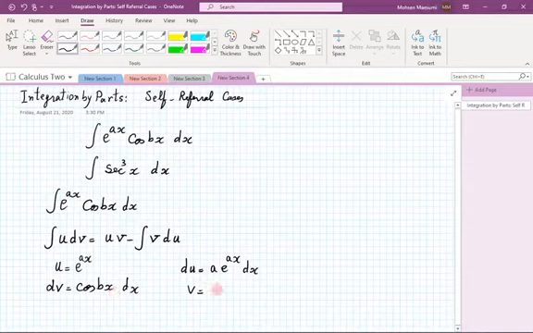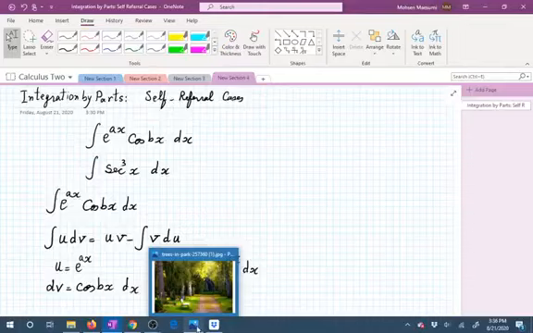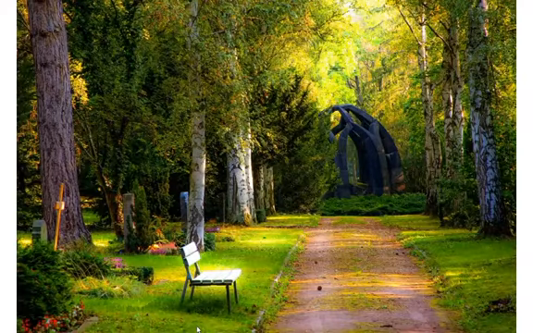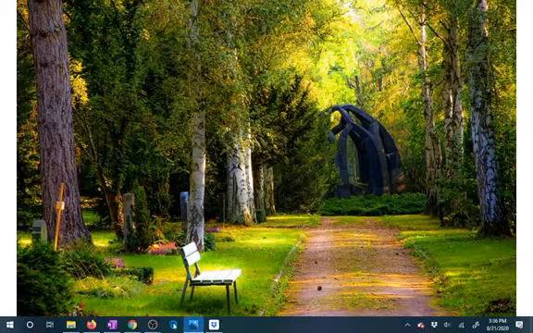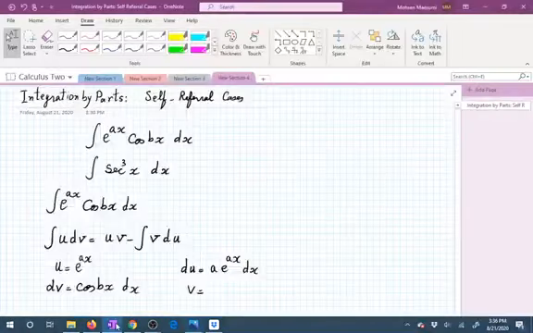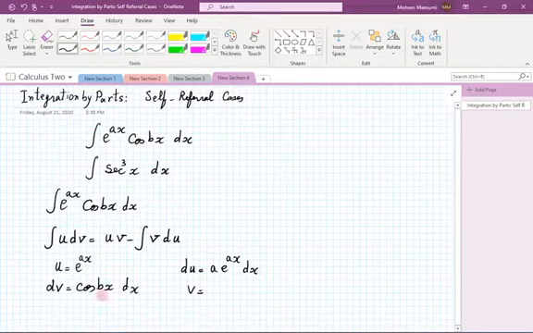Let me pause for a second and ask the audience, what is the antiderivative of cosine of bx? You're finding something whose derivative is that. So what is that? That is sine of bx over b.